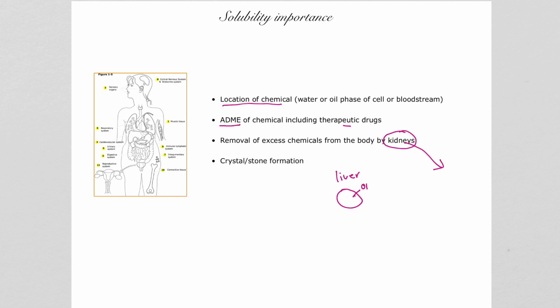For example, add groups such as OH or carboxyls, more electronegative atoms such as oxygen or nitrogens. Okay, and that tends to make that organic chemical slightly more water soluble, so that that chemical, or at least some of that chemical, can be excreted by the kidneys. And a good example of that is bilirubin.